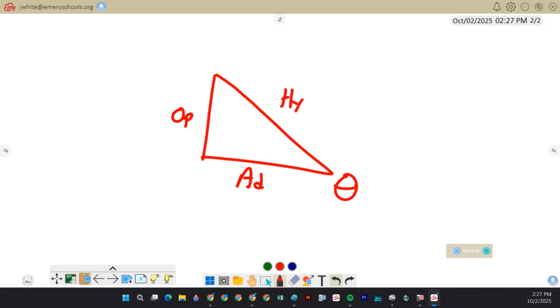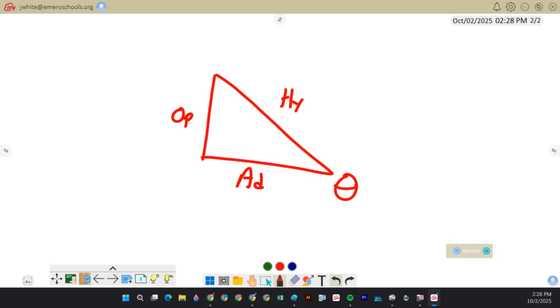Now, in right triangle trigonometry, we are going to link one angle with two sides. How many ways are there to pick two sides? We could pick O and H in that order, or H and O, that's two ways.